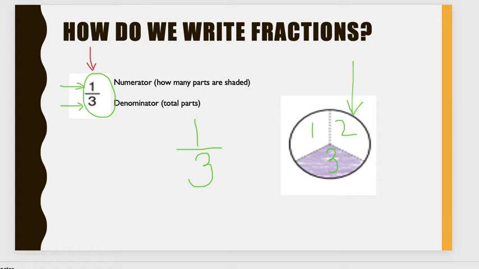Our numerator tells us how many parts are shaded. In my example with this circle, only one part is shaded in purple. My denominator tells me the total number of parts. And in this circle, there's 3. So that's where I would get my 1/3. So 1 out of the 3 parts is shaded in purple.